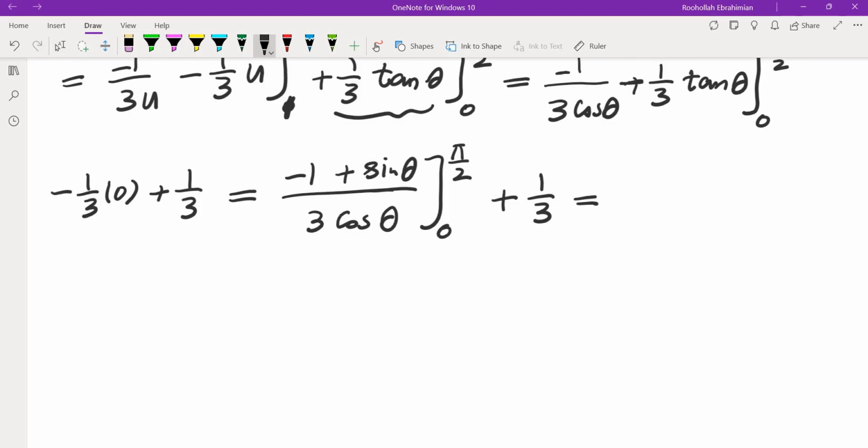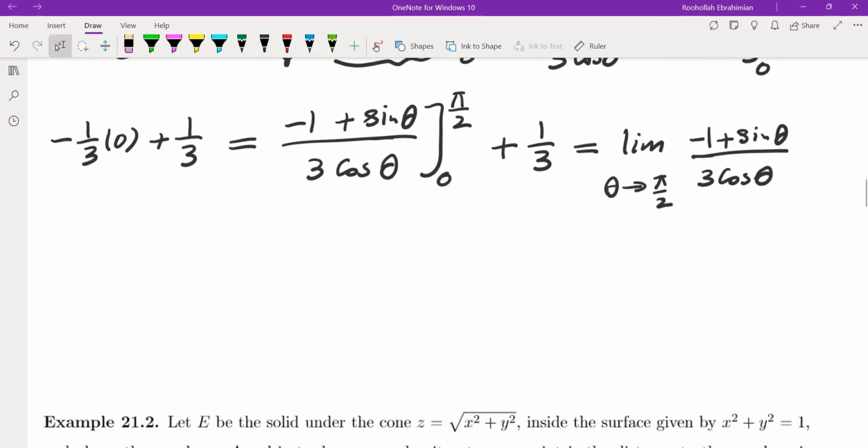At pi over 2, we'll have to take the limit as theta approaches pi over 2 of (minus 1 plus sine of theta) over 3 cosine of theta. So that's at pi over 2. Minus at 0, we get minus 1 plus 0 divided by 3, and then plus 1/3.